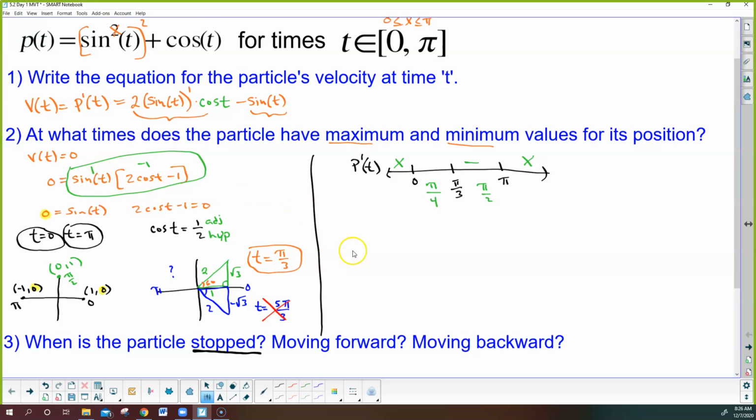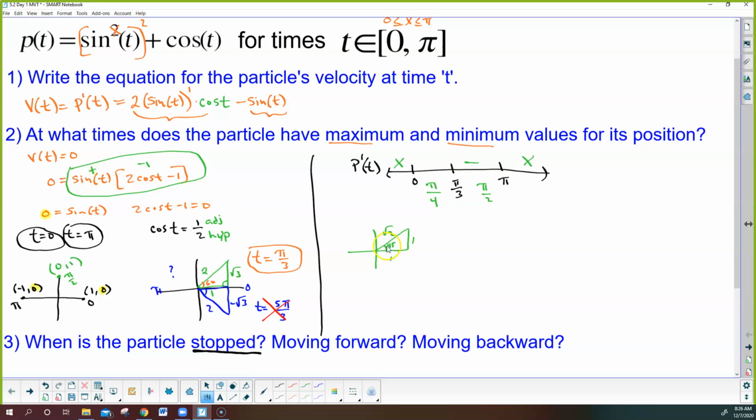Now this one might require a little bit of work, but you might think of this. I'm going to probably end up erasing this, but if I go pi over 4, right, that's 45 degrees. That's 1, 1, square root 2. Notice they're all positive. So if I plug in pi over 4, sine of pi over 4 is positive 1 over square root 2. I don't care about the number, I just know it's going to be positive.